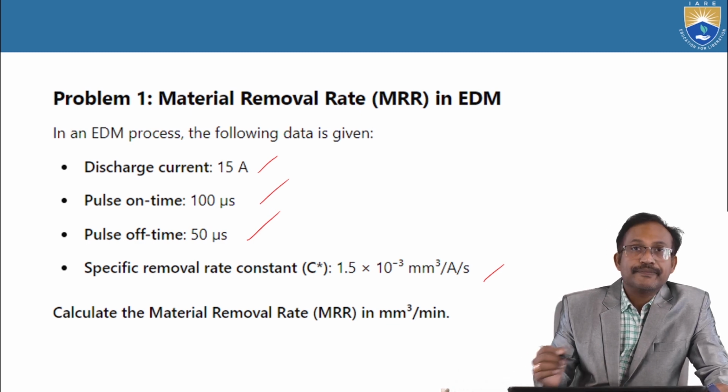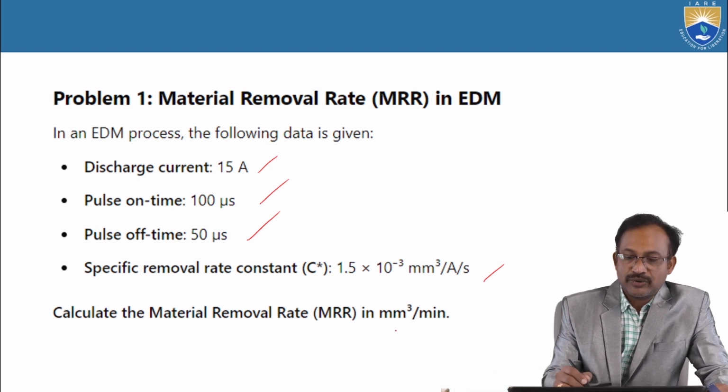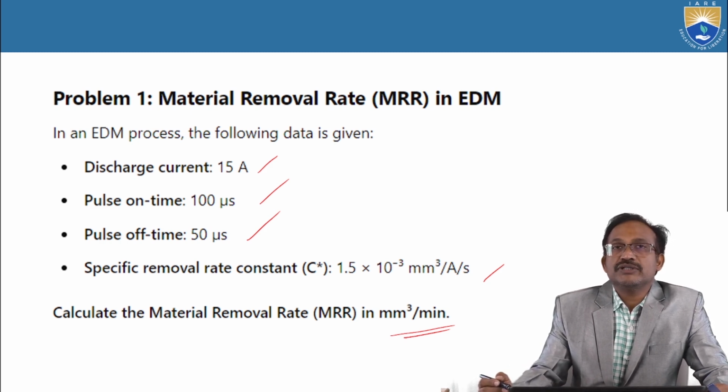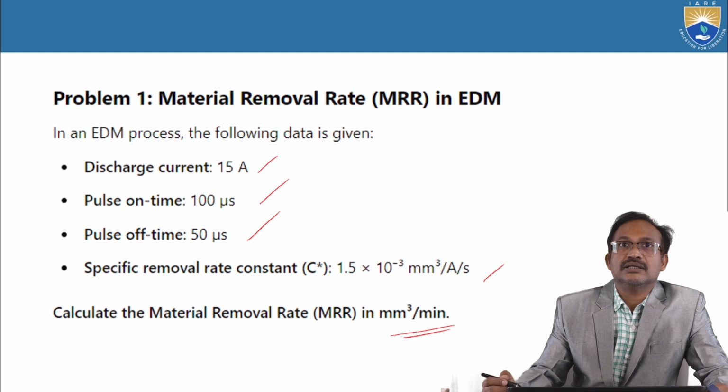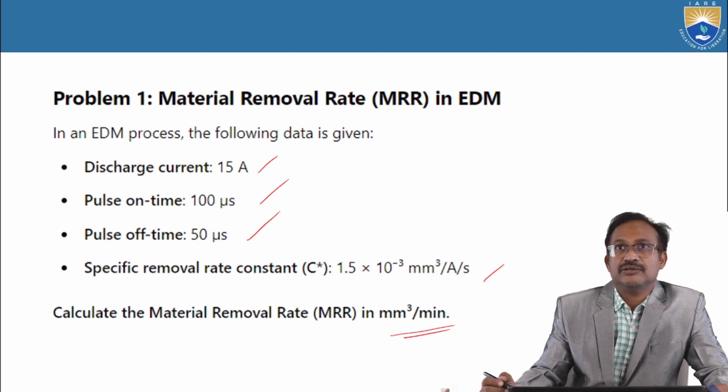Now calculate the material removal rate in mm³ per minute. So this is the first problem. As I said earlier, some superfluous data may be there, but that data can be used for the assessment of other parameters. In order to calculate the material removal rate, all the given data may not be useful.